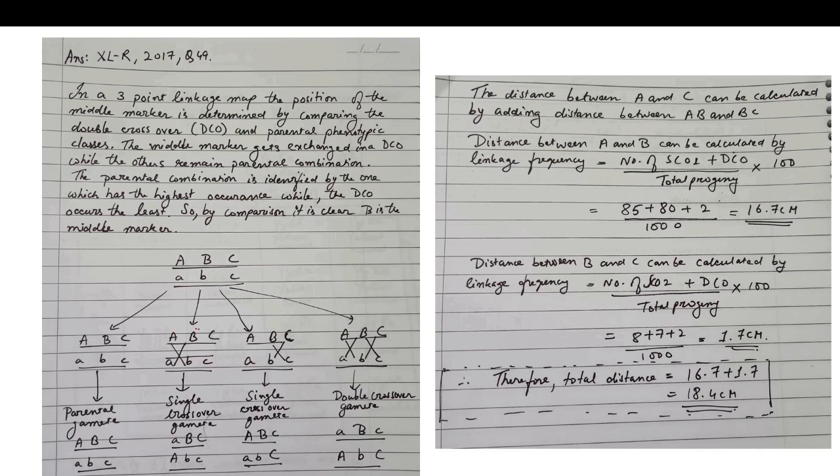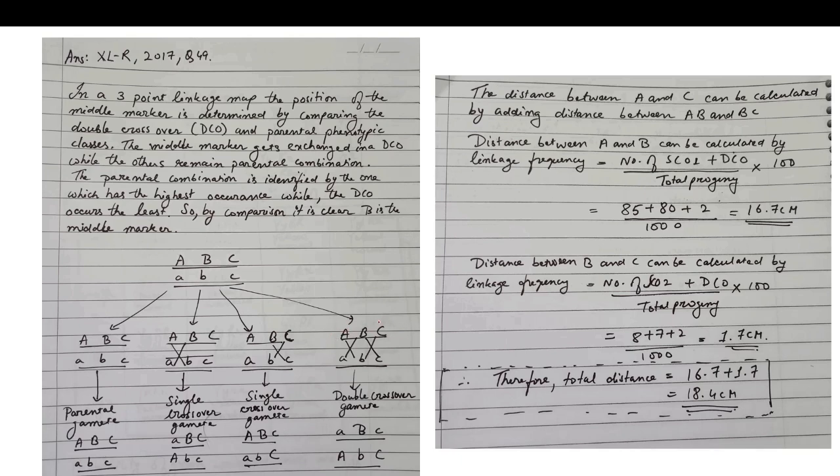Here you are seeing small a, small b, small c, and capital A, small b, small c. And again in the single crossover, there is another capital A, small b, small c and small a, small b, small c. So these are your single crossovers. But when you have two simultaneous crossovers, that is this cross as well as this cross, this can only occur if there is a three factor loci present.